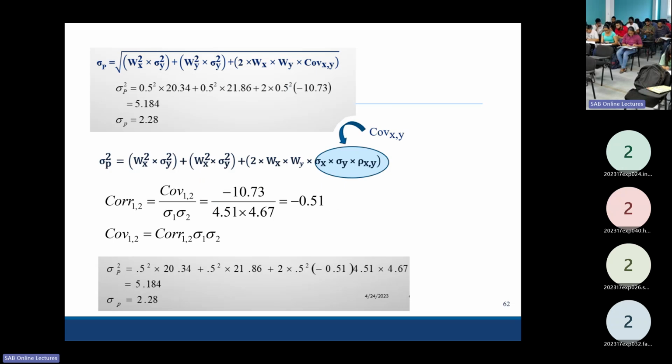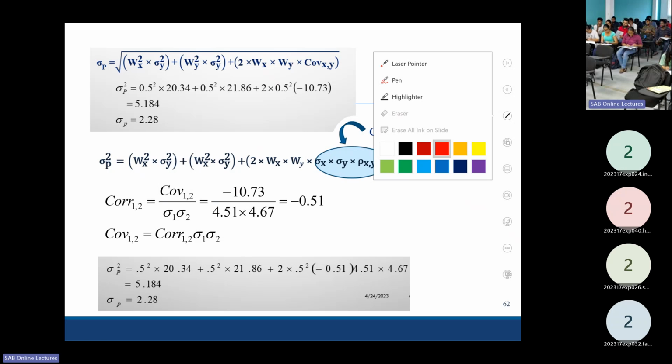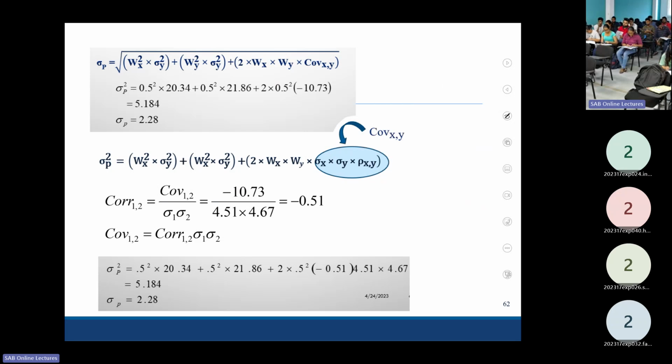What is the answer? If you change here to positive 1, you will get the portfolio risk. What is the correlation coefficient between X and Y? If it is equal to 1, what is the portfolio risk?